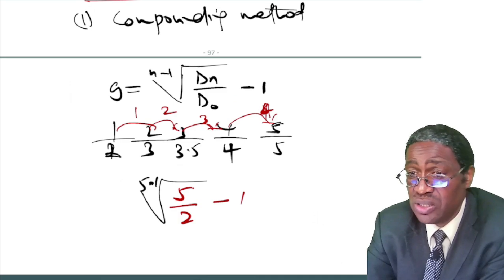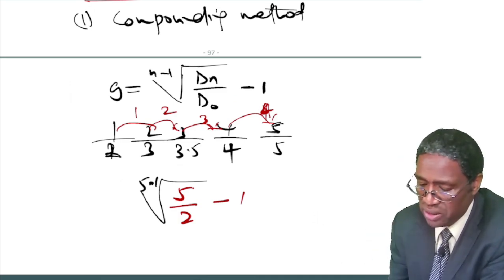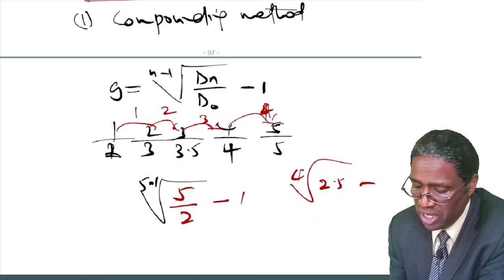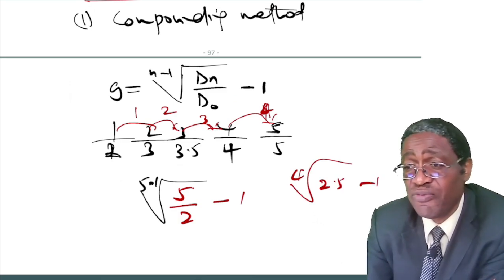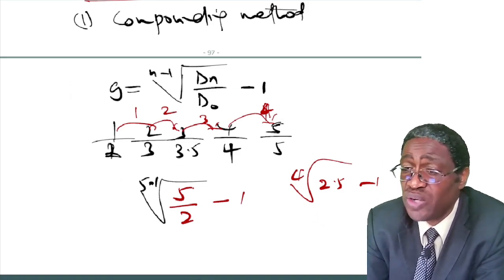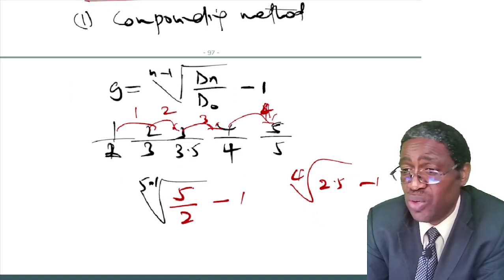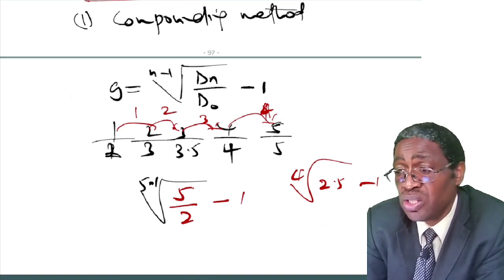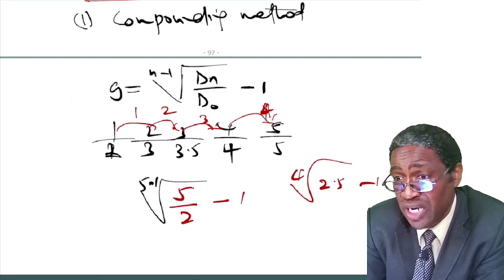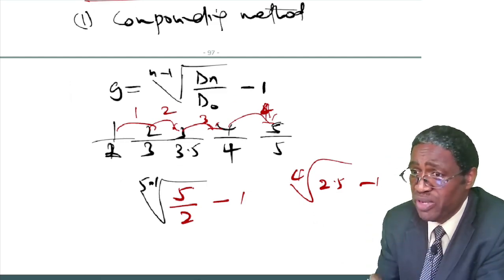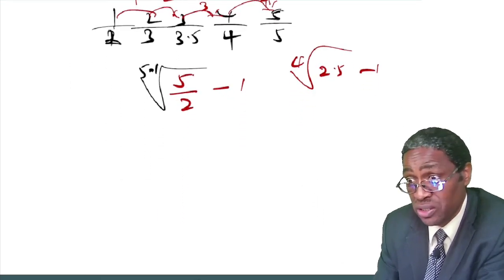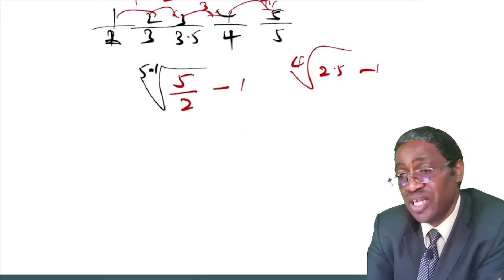So it will be like the fourth root of 2.5 minus 1. You first get the fourth root of 2.5, then once you get it, you minus 1. That will give you the growth rate. Are you there now? Good. That was just one method we talked about on how to compute the growth rate.